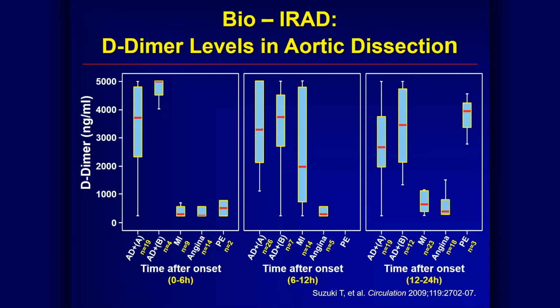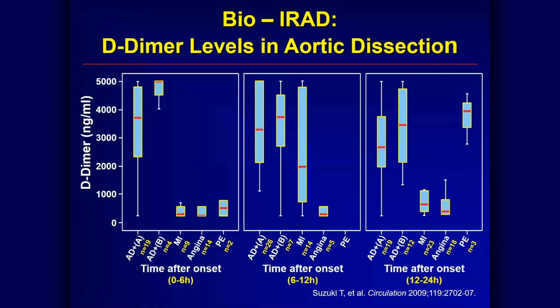And this study, which is now over 10 years old, we showed that D-dimer, especially in that first 6 hours, this graph on the left, is remarkably elevated in patients who have an acute aortic dissection. It's probably about 98%. And the 2% who don't have an elevation probably primarily have small intramural hematomas. So this clotting biomarker is very sensitive for dissection.